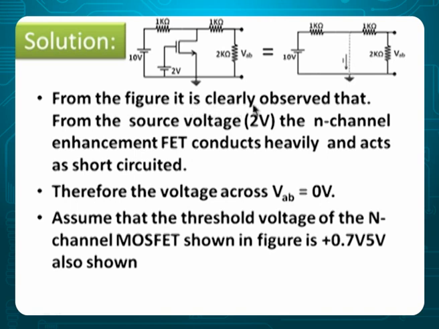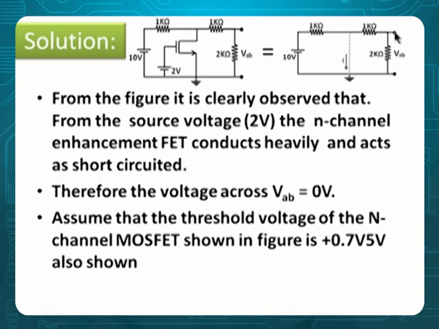From the figure, it is clearly observed that from the source voltage 2 volts, the enhancement MOSFET conducts heavily and acts as a short circuit, because you are giving 2, which is beyond 1. When you are giving beyond what is required, it acts as a short circuit.